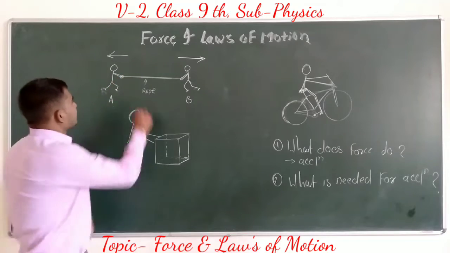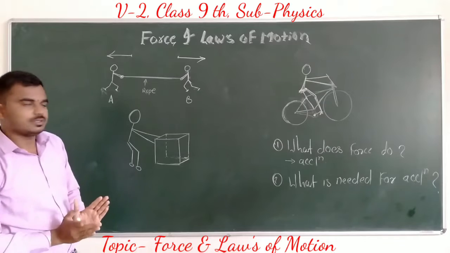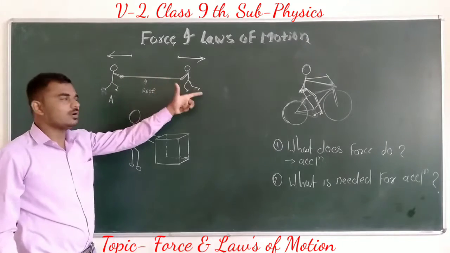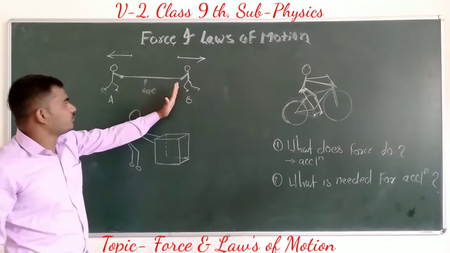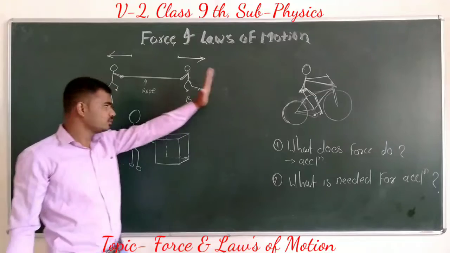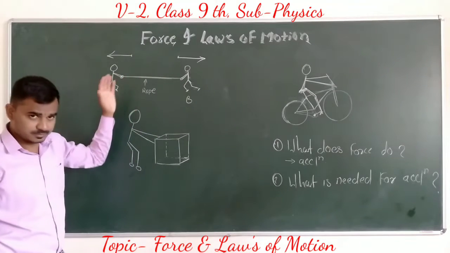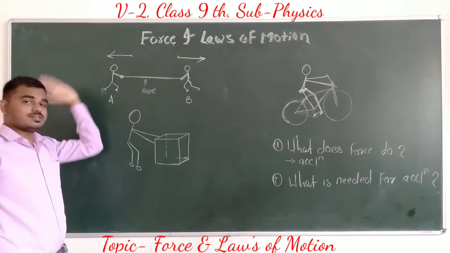So these forces are equal in magnitude, but the direction of both forces is opposite. The direction of B's force is towards the right, and the direction of A's force is towards the left.